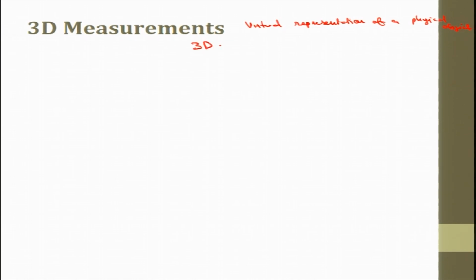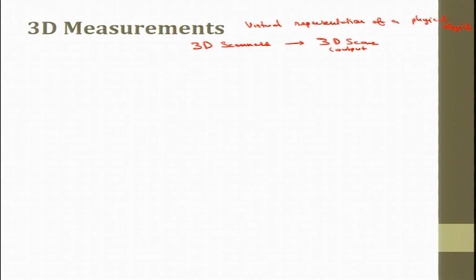We have 3D scanners. If I say 3D scanners, the outputs are known as 3D scans. 3D scan is the output. Okay, there are certain kinds of 3D scanners.